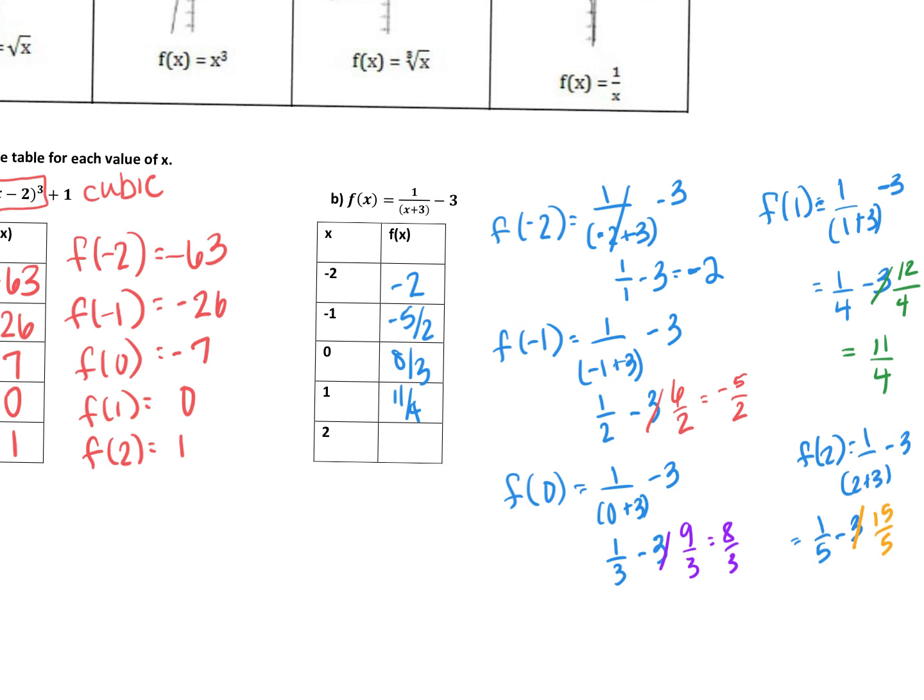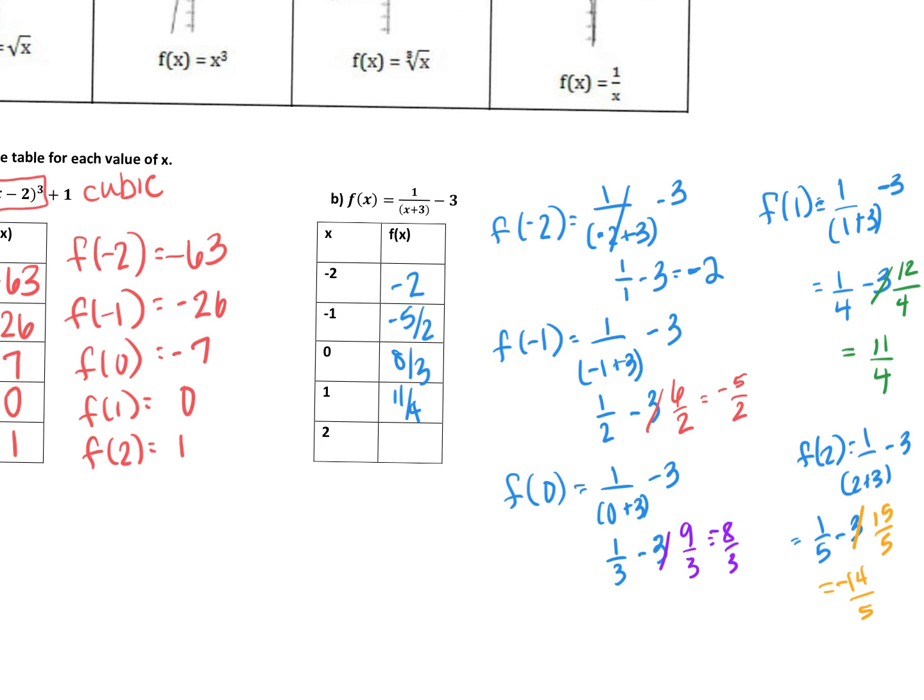And realize this, all you're doing is 15 divided by 5, that's still 3. So you just made the same number, you just found a different way to write it. And this is equal to negative 14 over 5.